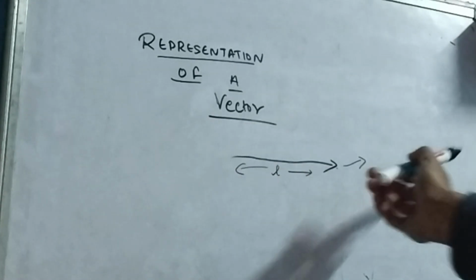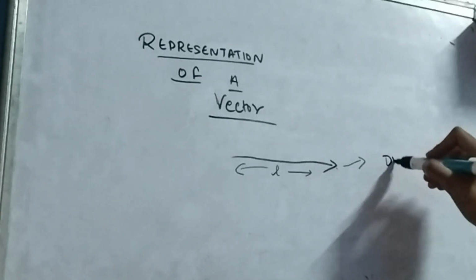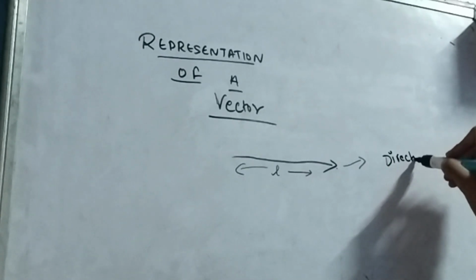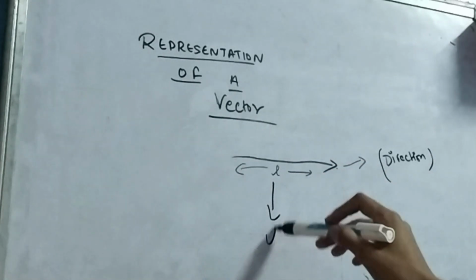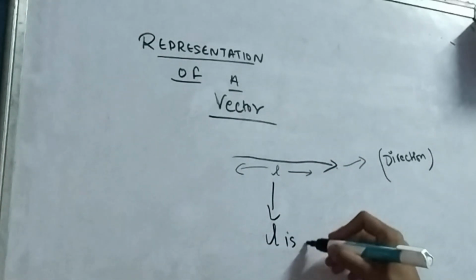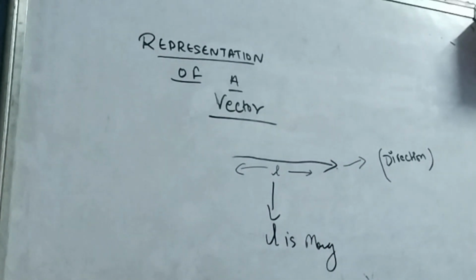So this is the direction. So what do you mean by L? L is magnitude. So from today, we'll denote this sign as a vector.